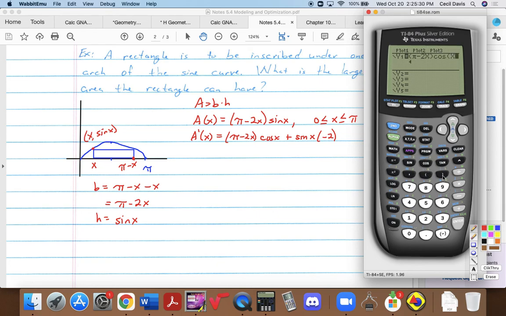Be sure to close the parenthesis at cosine. A lot of times when you're doing cosine with numbers, you don't bother, but it really will mess things up if you don't here. Minus 2 times sine of x. And I'm on a window from 0 to pi.